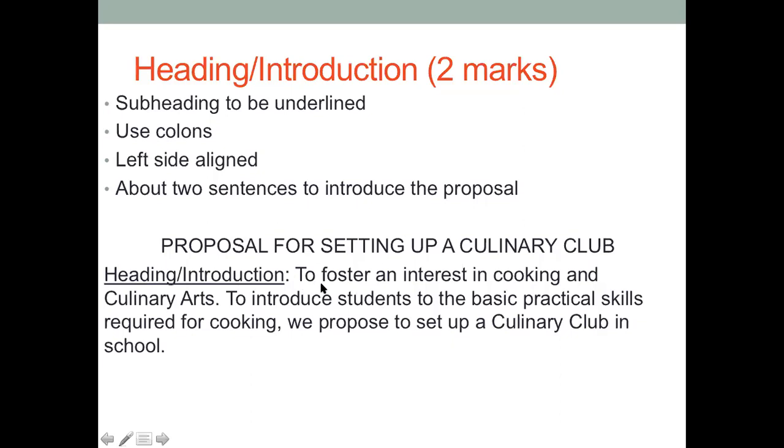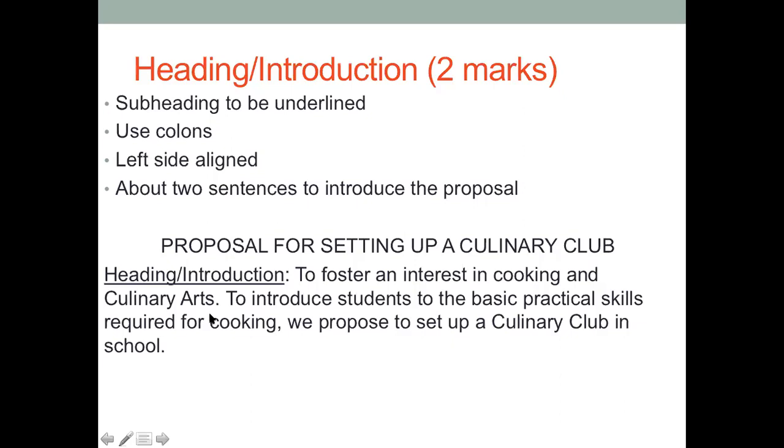So, for example, here it is to foster an interest in cooking and culinary arts. So, the basic reason to set up this club is to foster interest, to see if students are interested, to ignite that interest in students, and to introduce students to the basic practical skills required for cooking. We propose to set up a culinary club in school.